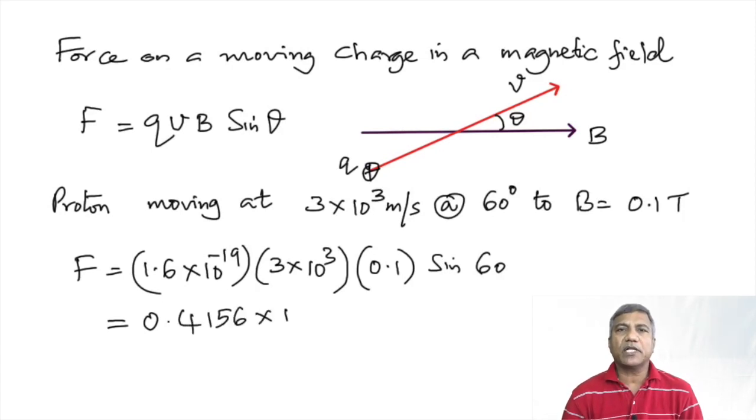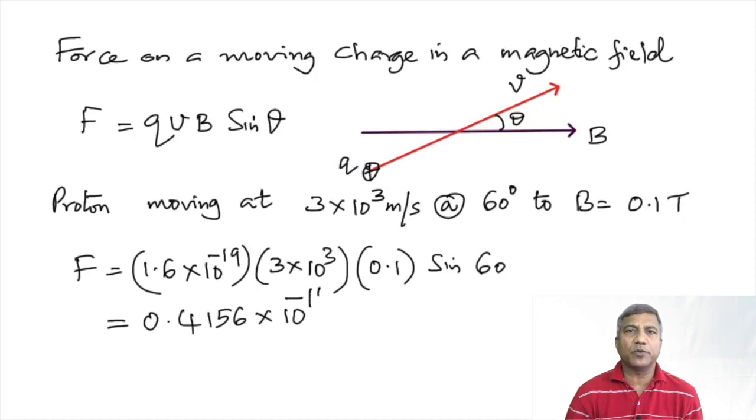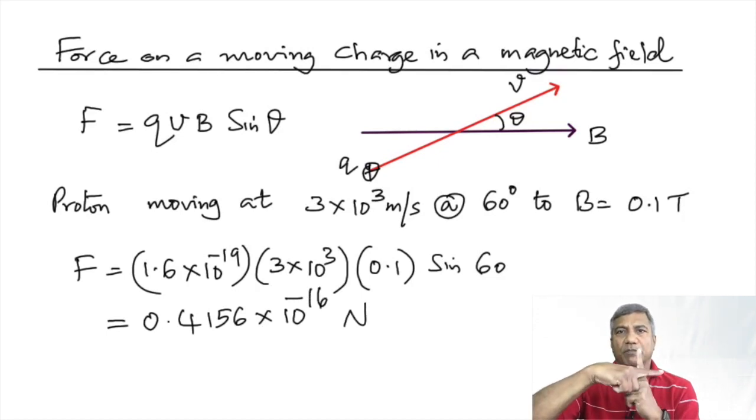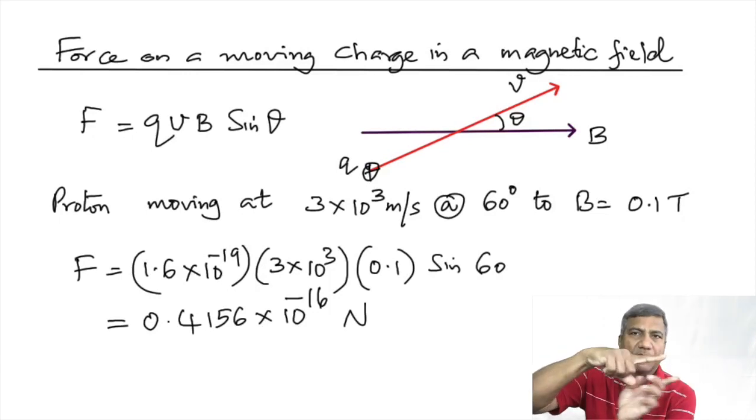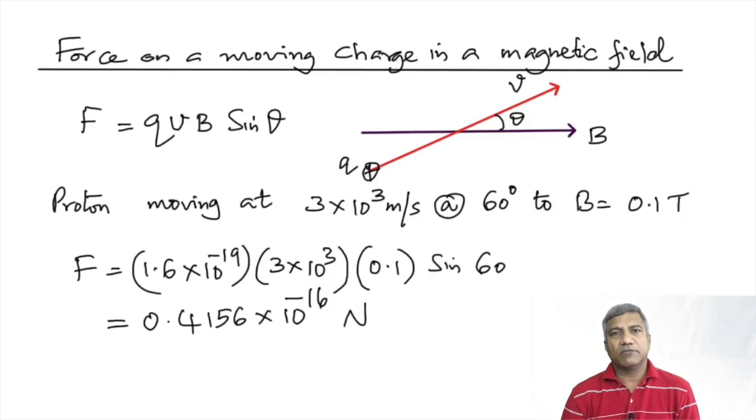Now remember that if the charged particle is moving perpendicular to the magnetic field, then maximum force acts on it because the theta becomes 90 degrees. But if they're both moving parallel, like the magnetic field and the velocity are parallel, then the angle is 0 and sine 0 is 0.